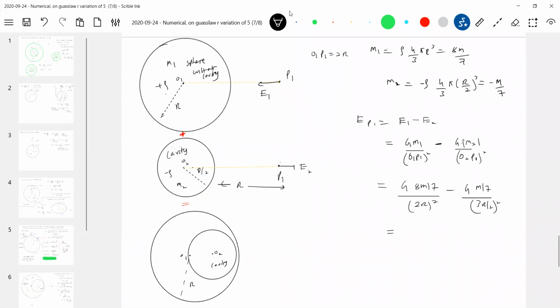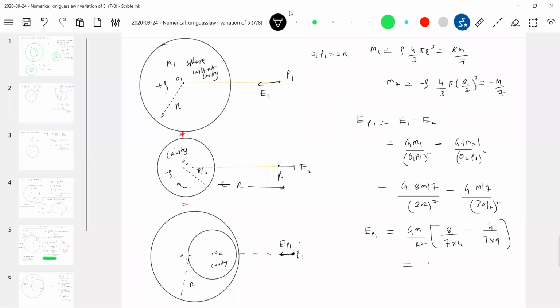Solving this will get the required answer. There's a resultant field, EP1. This is a base, I think with this you can solve most of the numericals. That's what I feel. And GM by R square, let me take outside. So this will be 8 by 7 into 4, minus 4 by 7 into 9. Solve this, you'll get the required value.